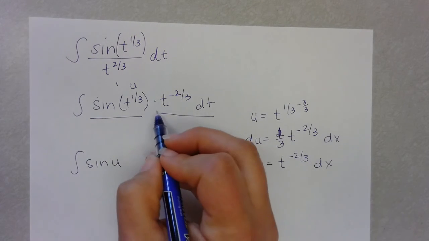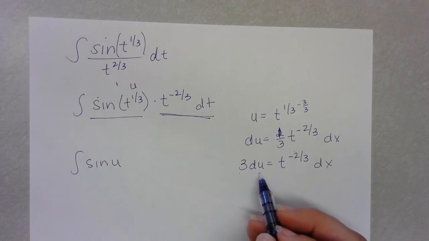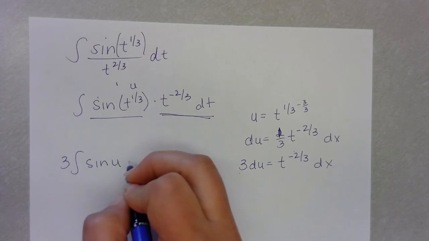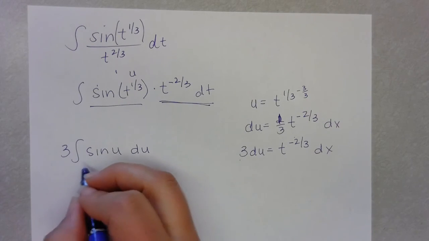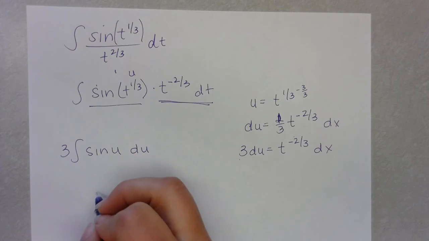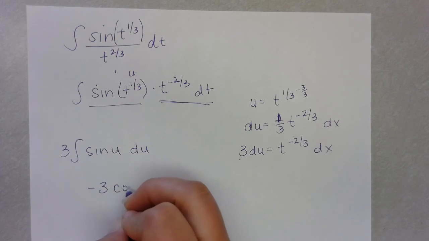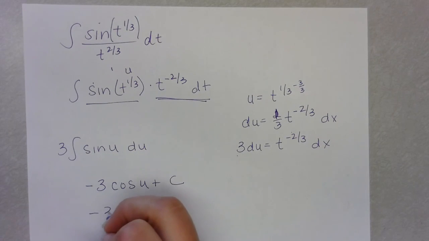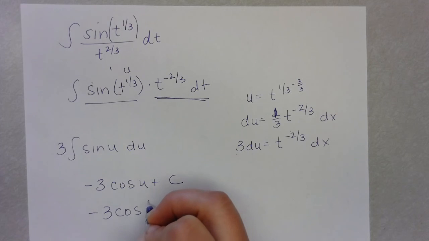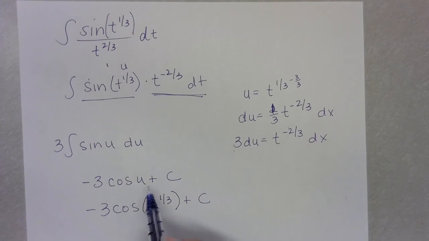And then for this, I'm going to swap in 3 du, putting the constant outside and the du next to it. Okay, so now my antiderivative of sine would be negative, and the 3 will be here, 3 cosine of u plus c. So this is just negative 3 cosine of t to the 1/3 plus c, just replacing my u back again.